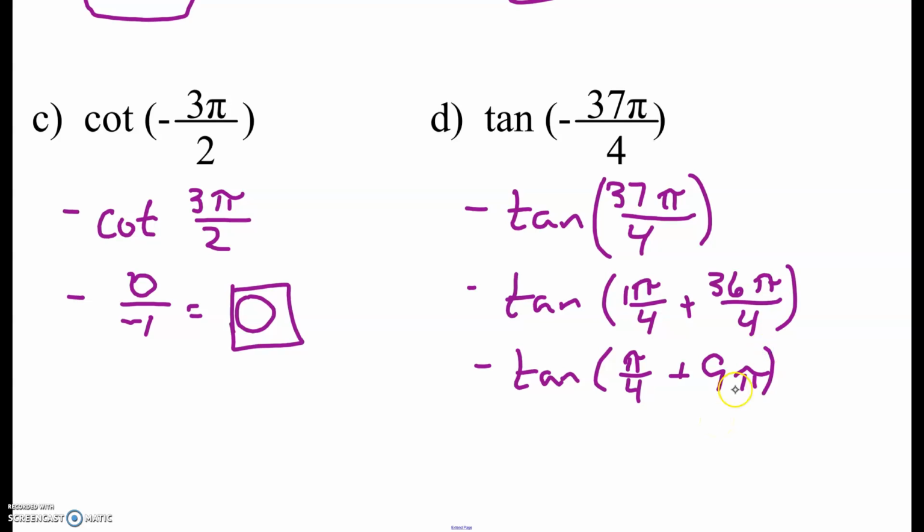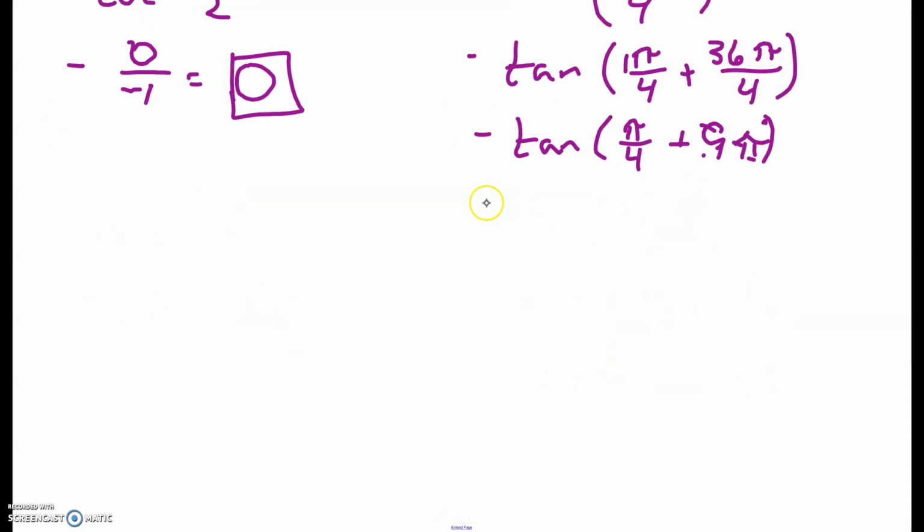And so I can ignore that part. And so I get the opposite of tangent pi over 4. Tangent of pi over 4 would be sine of pi over 4 divided by cosine of pi over 4, which is 1, and then I take the opposite.